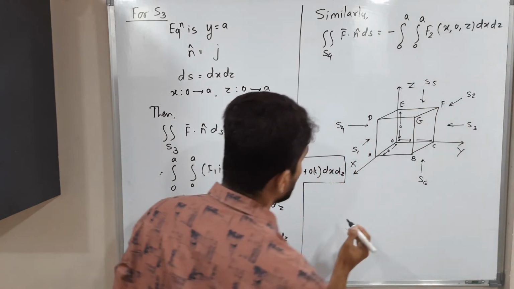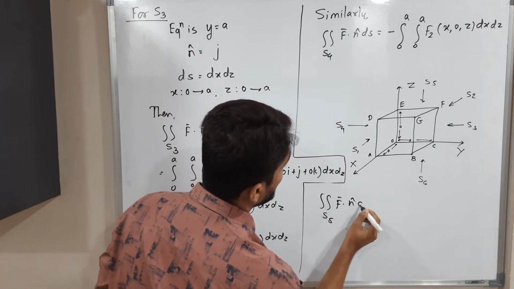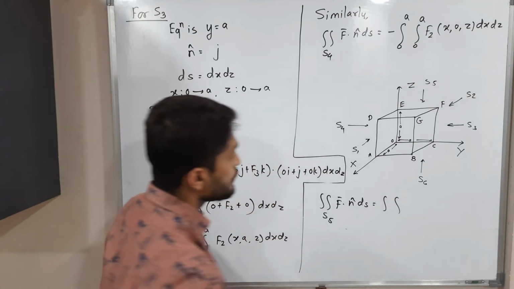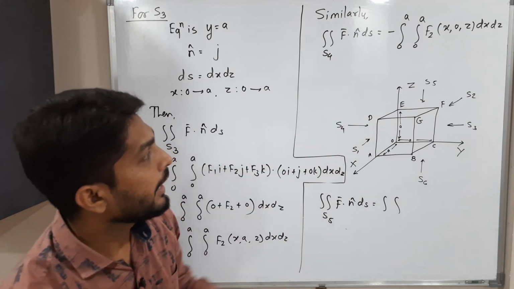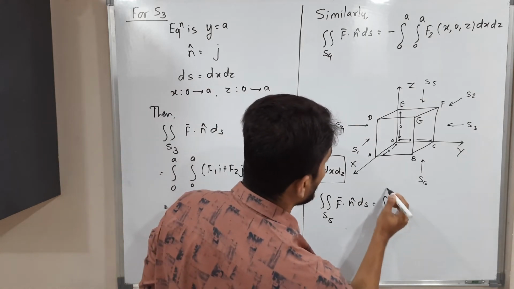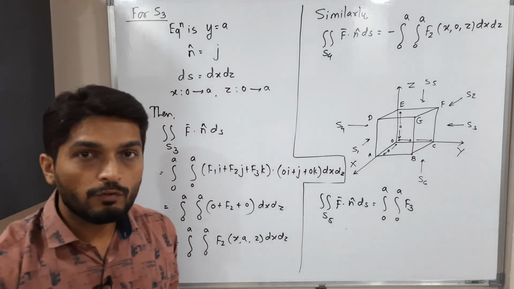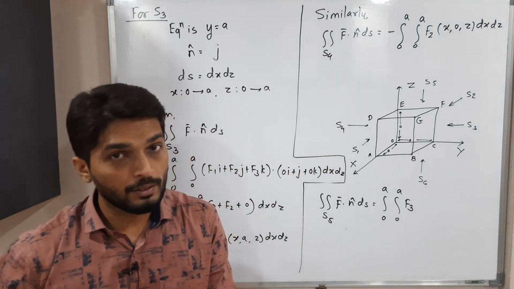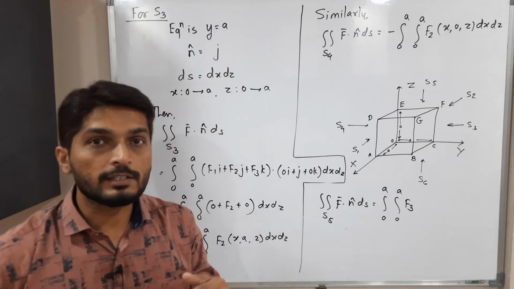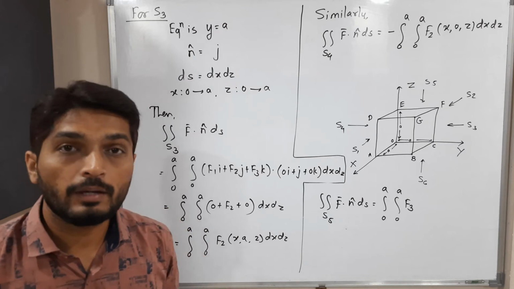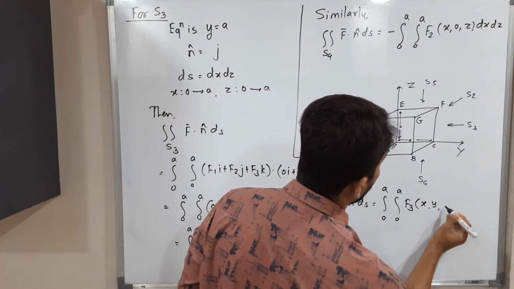Similarly for S5, F bar dot n cap dS. Will you guess? S5, as you can see, is at the top, and it's 0 to a, obviously 0 to a. Here we will have F3. For surfaces S1, S2 we got F1, for surfaces S3, S4 we got F2. So obviously for surfaces S5 and S6 we will have F3. So F3 of x, y and z will be a.